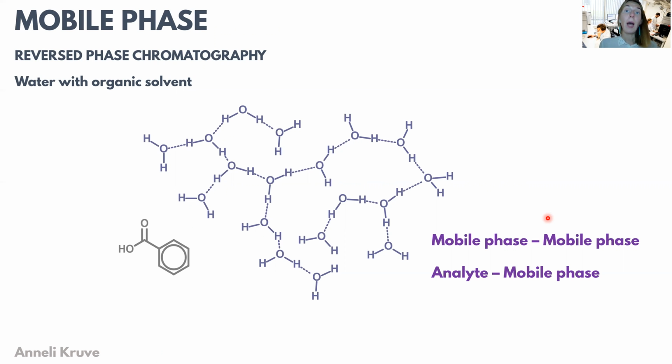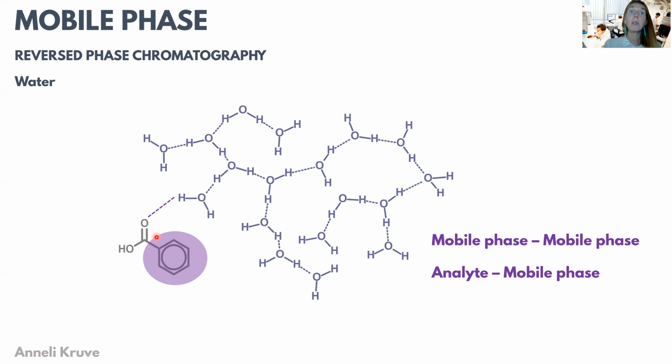So what would happen if we would now add analytes or our sample to this mobile phase? Of course, partially the analytes, if they have some polar groups, would also start interacting with the mobile phase. So analyte mobile phase interactions would become important.